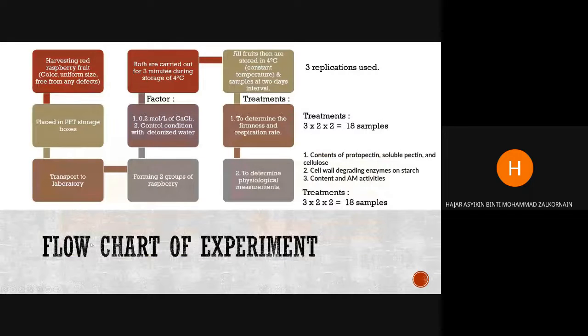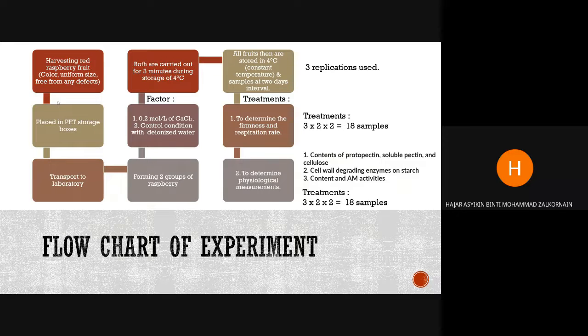For the flow chart of this experiment, we start by harvesting the red raspberry fruit, which we sort by color and size, and free from any defects.